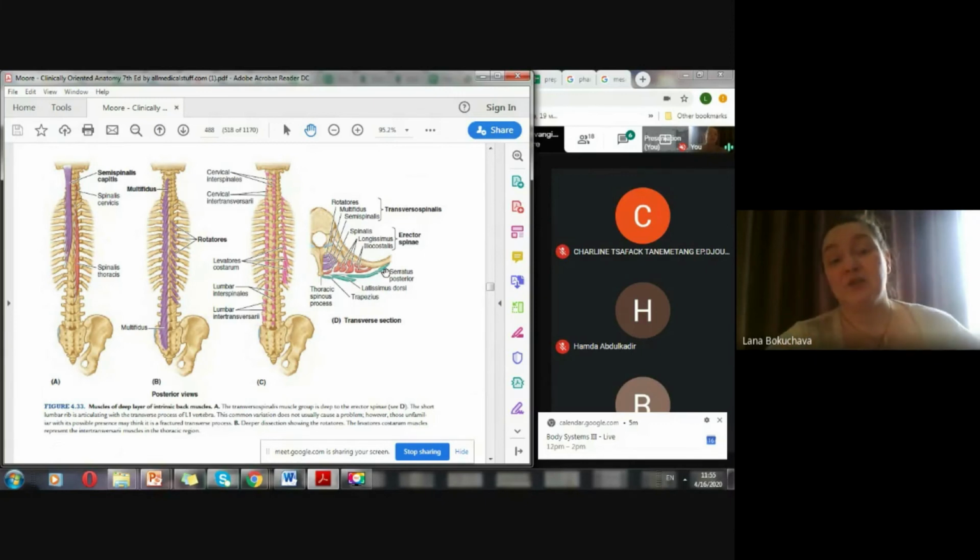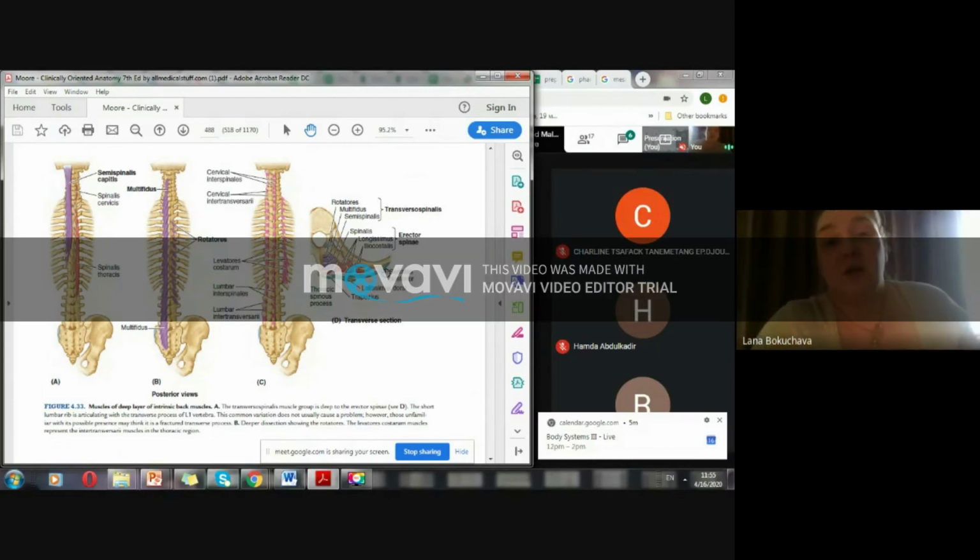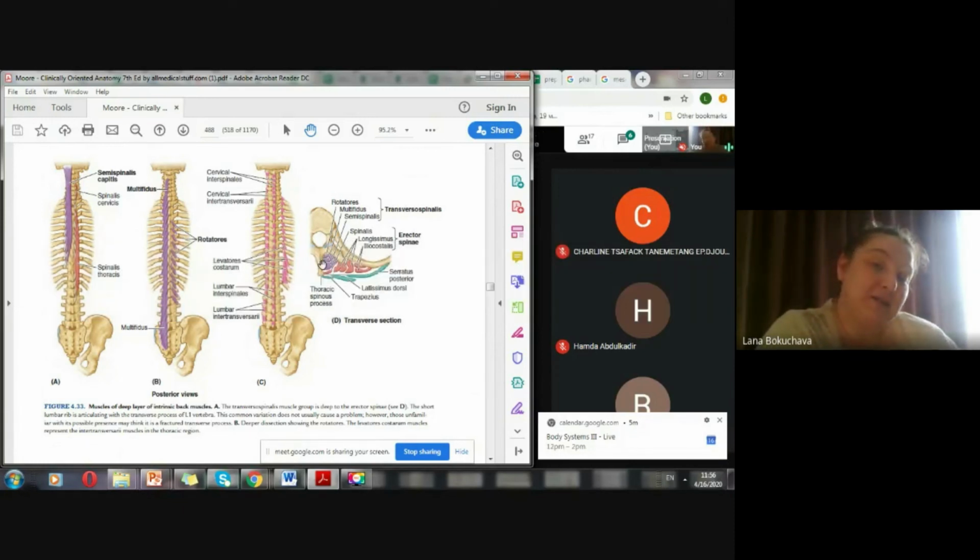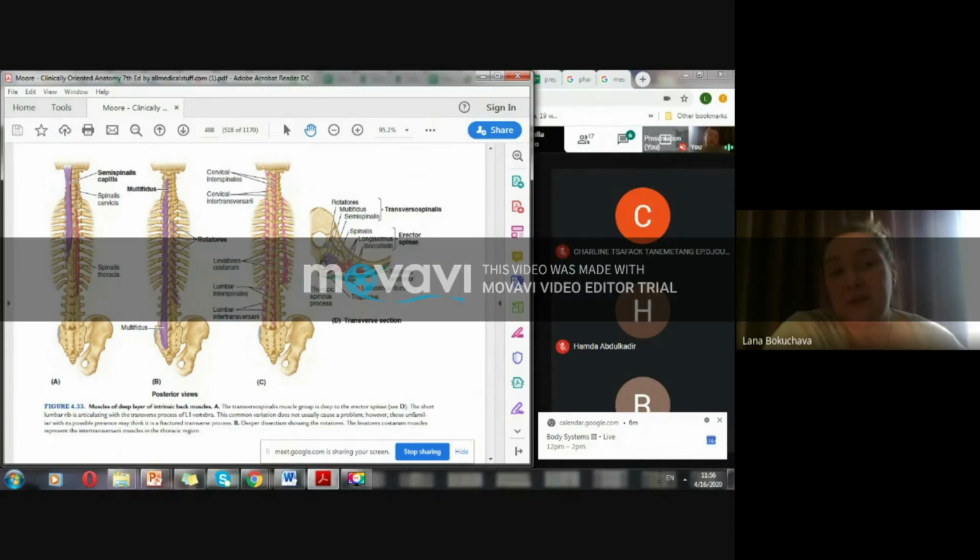In the case of serratus posterior, it's a part of the thoracic region rather than the back, although it is just posteriorly localized. That's why it's seen there. So you can see how they are covering the portion of the erector spinae as well as the transversospinalis muscles. That's why they are classified as the extrinsic muscles of the back rather than intrinsic muscles of the back, okay?